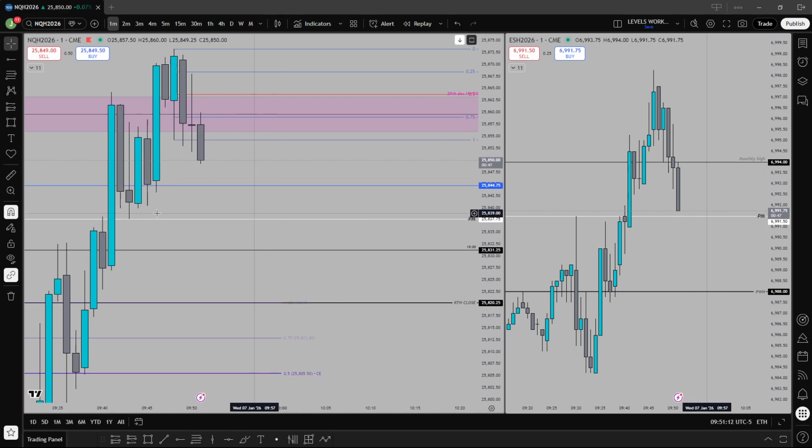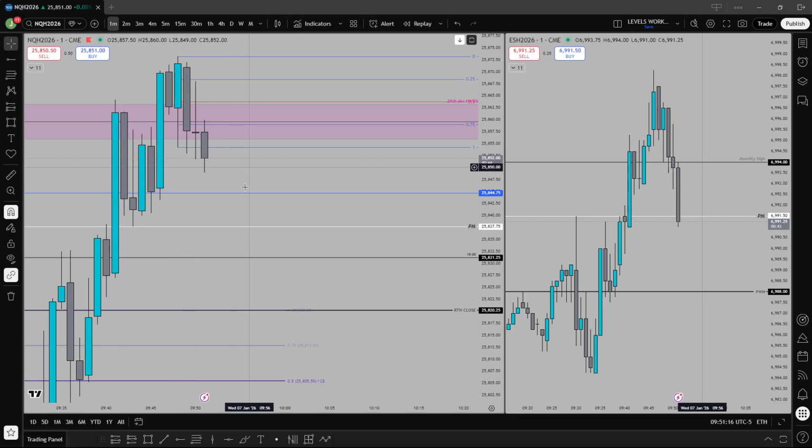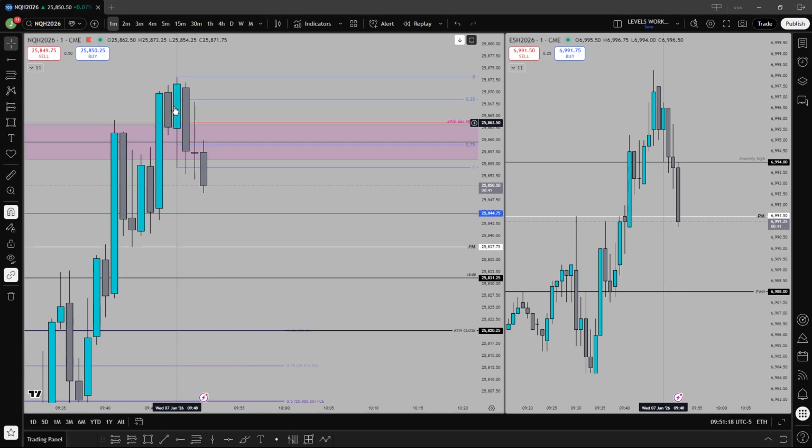I'm looking for these lows. The price did tap into this candle, but it couldn't close even above this lower quadrant.